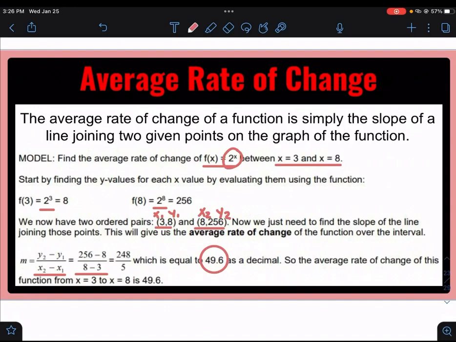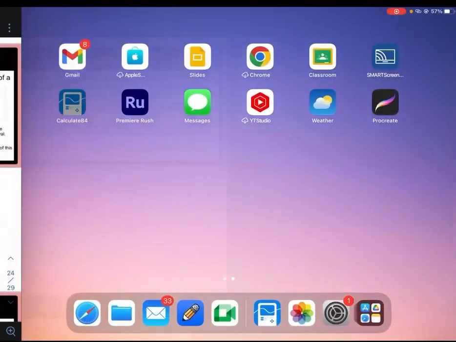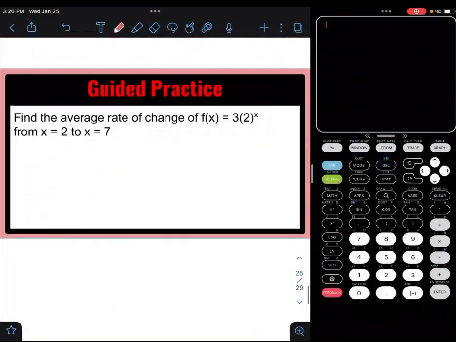So let's actually practice this. Let me get my calculator. All right, let's practice this. So, find the average rate of change of this function from x equals 2 to x equals 7. So for x equals 2, in my function, wherever I see x, I'm just going to put 2. And for x equals 7, in my function, wherever I see x, I'm going to put 7.